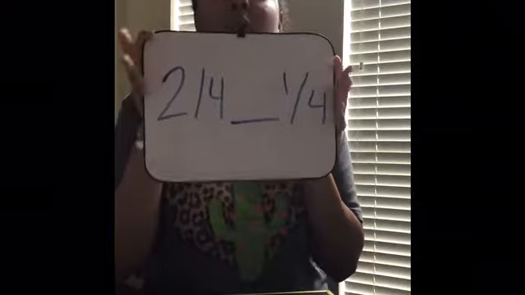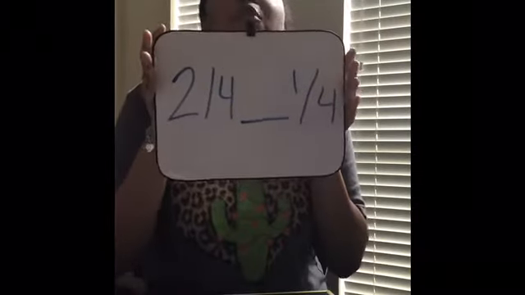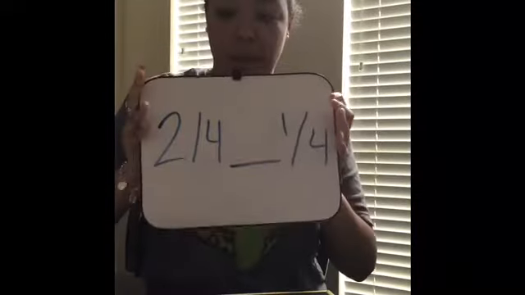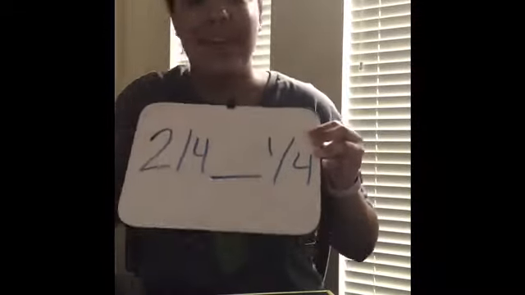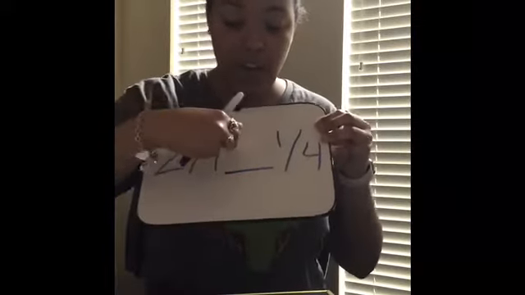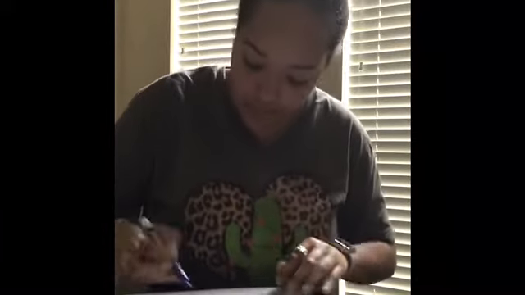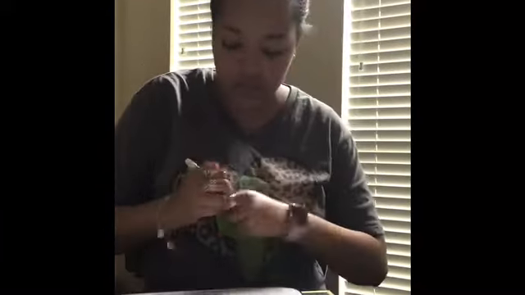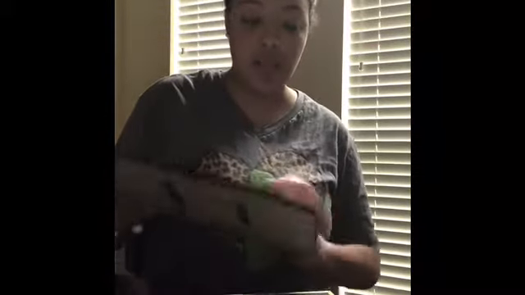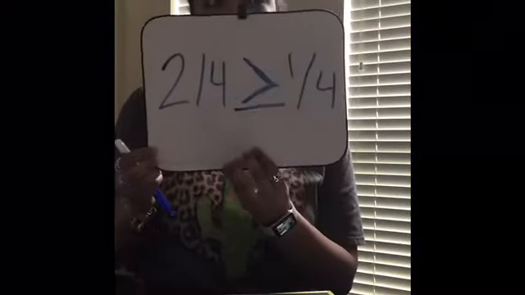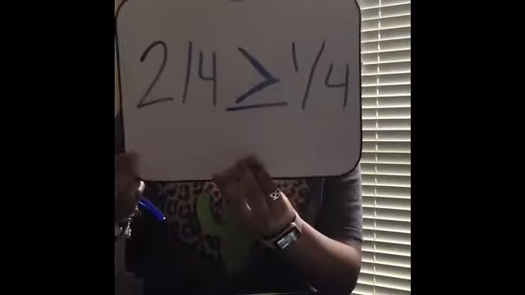The alligator wants the food that has more food. Okay, just like me. I want more food than less food. Okay, so 2/4 is greater than 1/4. Let me write that. And this is how yours should look on your notes. Okay.